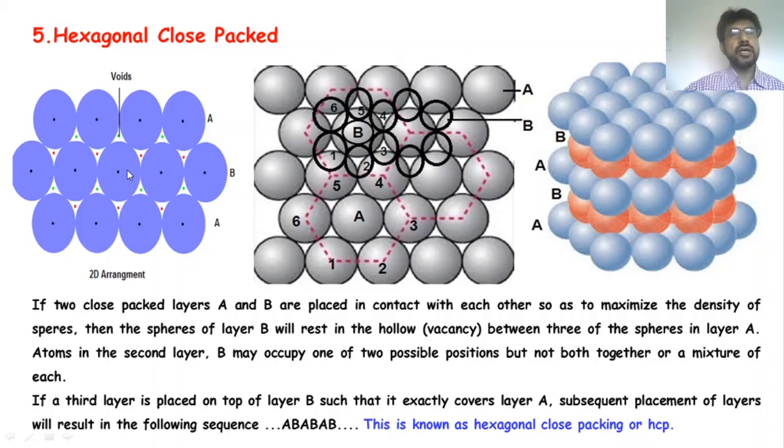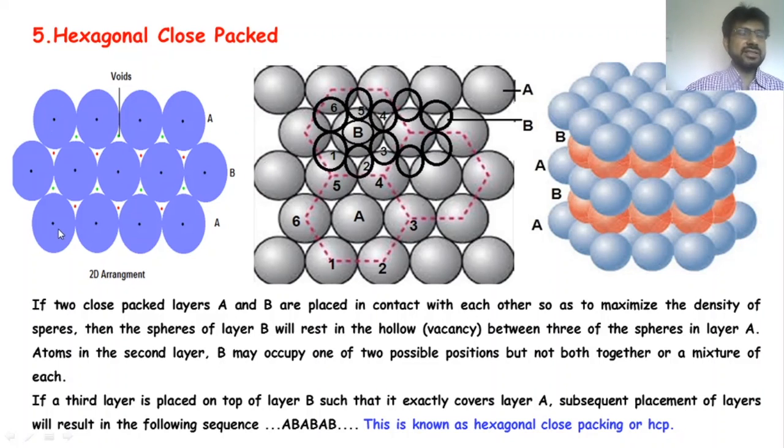Again, take 4 spheres and place this layer of 4 spheres over layer B. Then the position of all these spheres will again be only in the voids.